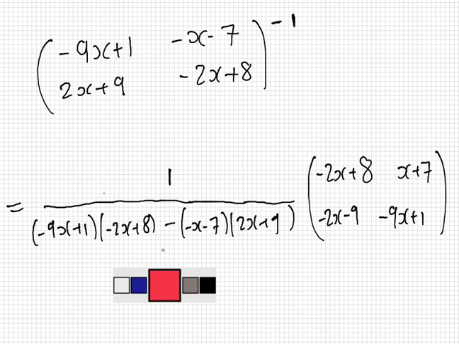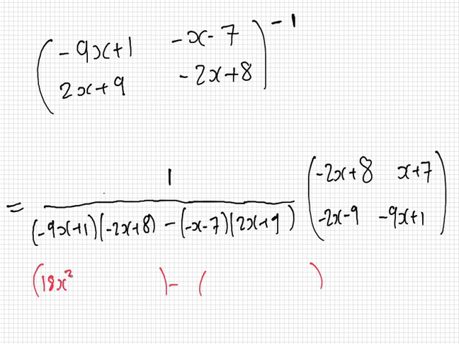It's a bit messy, so I'll do some rough work here in red. That will be 18x squared minus 72x minus 2x plus 8, and then here is 2x squared, minus 2x squared, minus 9x minus 14x and then plus 63.